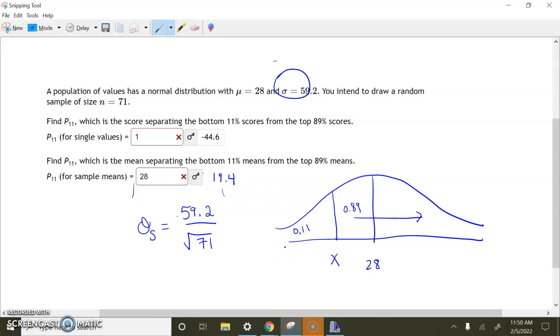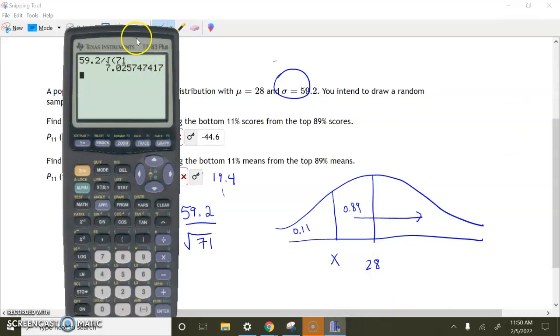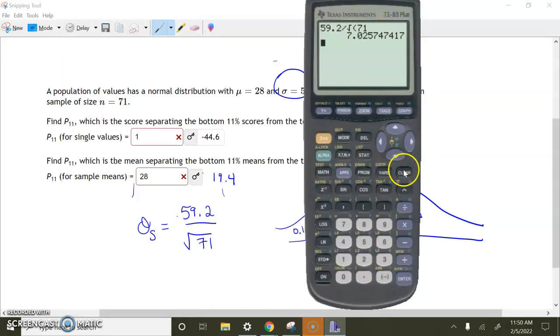Hopefully that's helpful. I think the key to this one is using inverse normal. If you're using the regular TI calculator rather than the online calculator, we would go to second vars, which is distribution, and scroll down to inverse norm.